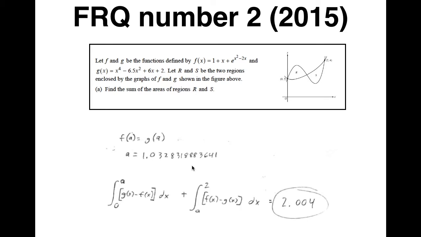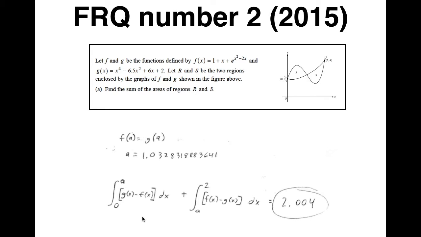You want your final answer to be correct to 3 decimal places. So either you store the value of A in your calculator or you write many decimals. Now the area of R is here. It's the integral from 0 to A of g minus f.